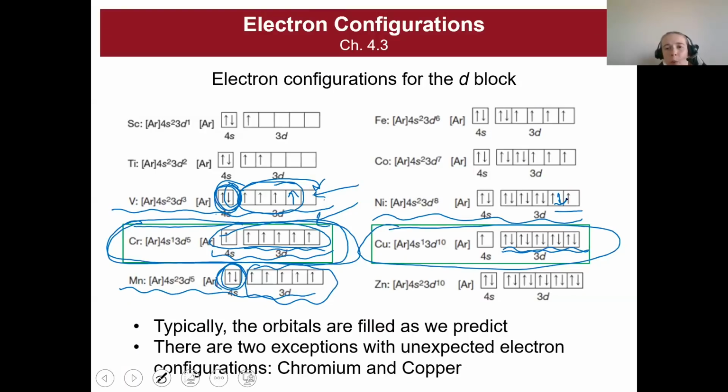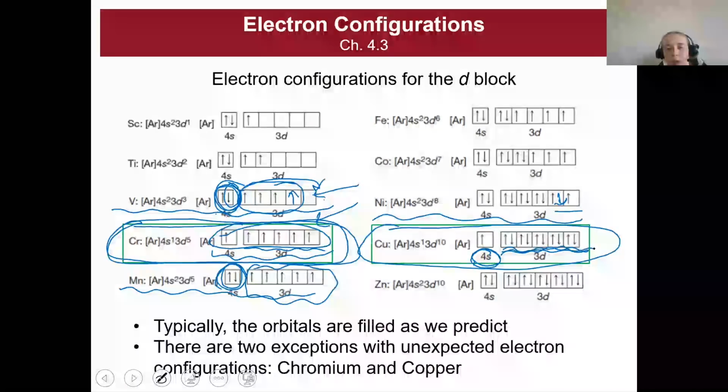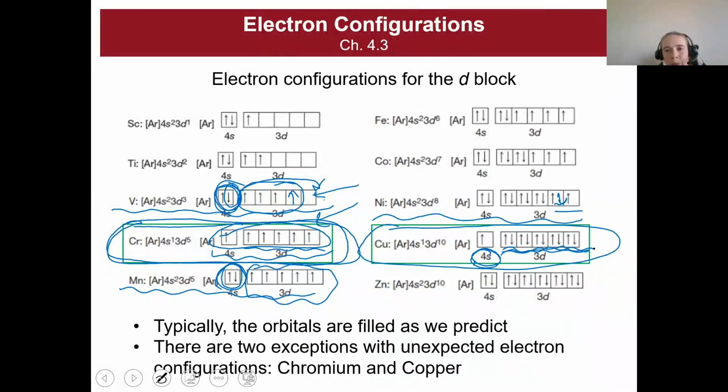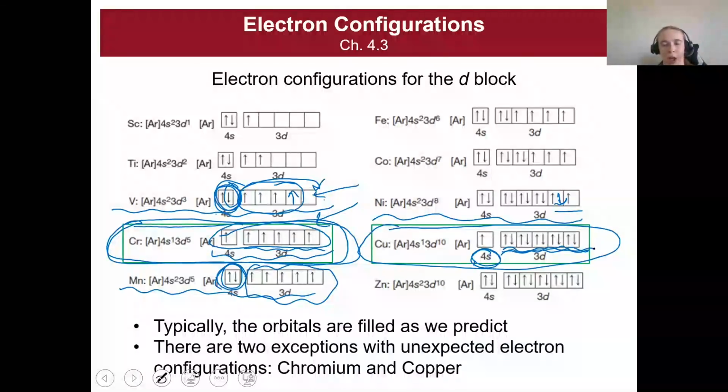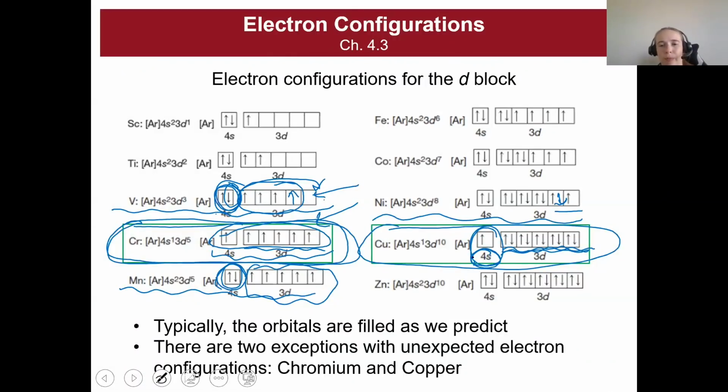But having 1 unpaired electron in the 4s is actually more favorable than the 3d, because if we have this filled 3d orbital, then we are maximizing our filling of the orbitals, and only having 1 in the further away 4s orbital.